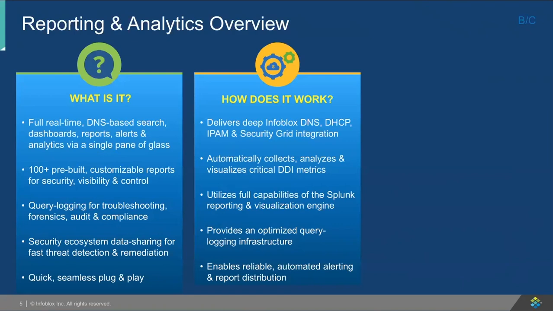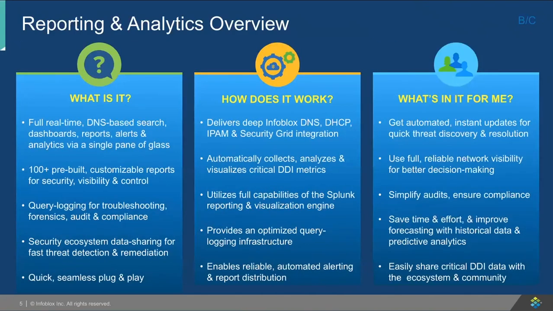Since we understand it, we're able to parse it and categorize it and filter it quite efficiently, effectively, to provide a very rich query logging experience for you. And then again, with the Splunk Enterprise Engine, it's got built-in alerting and report distribution. We just leverage that. So you can easily distribute reports to stakeholders that are interested in certain data, or just specific people in your team that ask for that data.